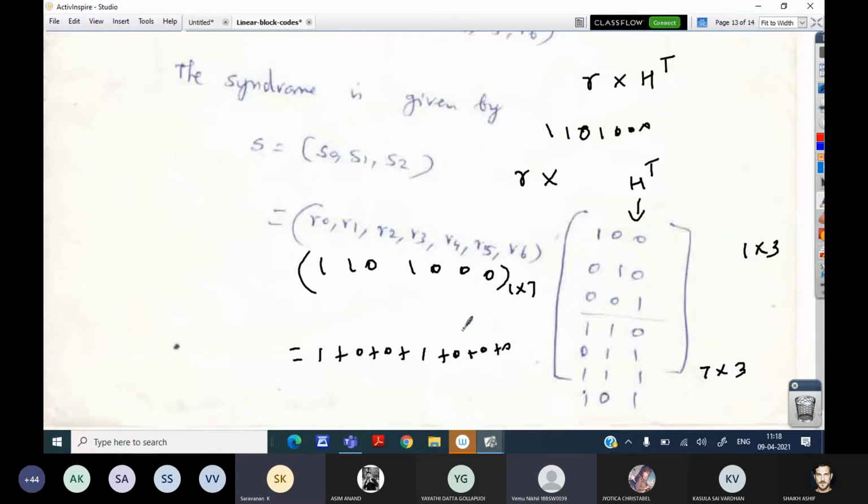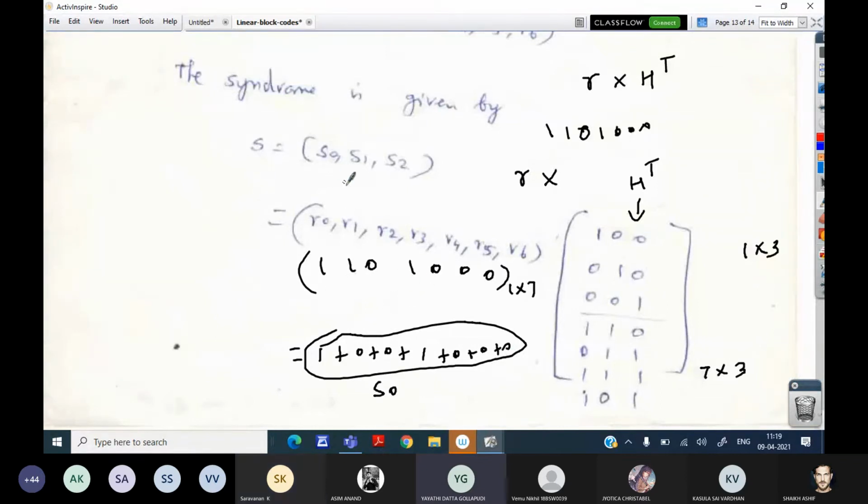No, it is a modulo 2 arithmetic operation, right? When you add 1 plus 1, it is an XOR operation, not normal addition. 1 XOR 1 is going to be 0. So this I am going to get for the first bit.